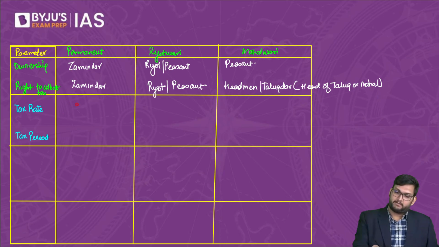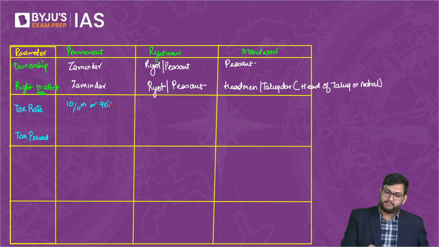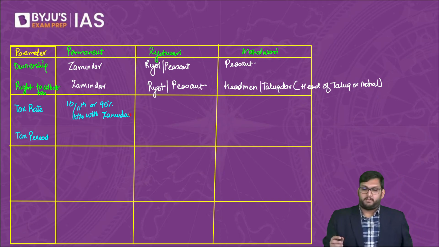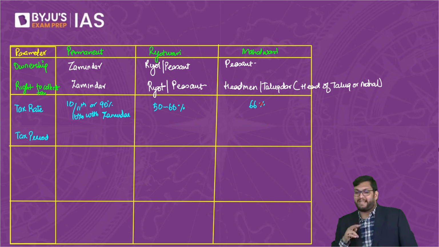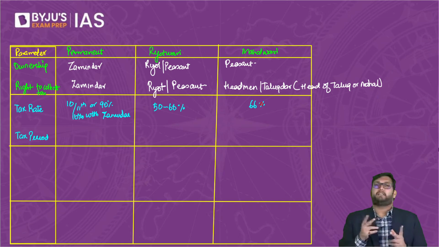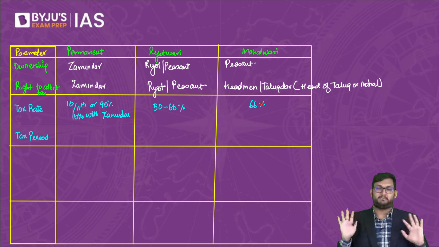Tax rate: 10/11 or 90% and 10% with the zamindar. Here it is 50 to 60%, and here it is 66%. As I said, the right to collect tax does not really apply in Ryotwari. He is collecting his own tax. That is the basic point.